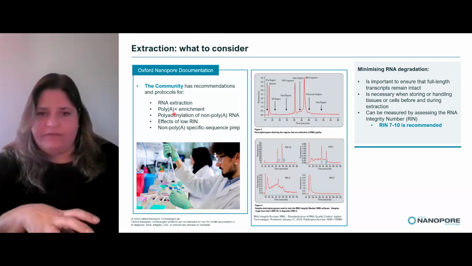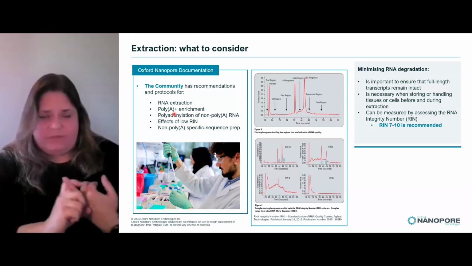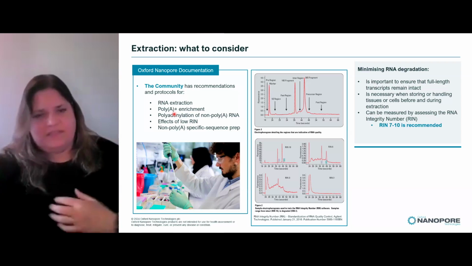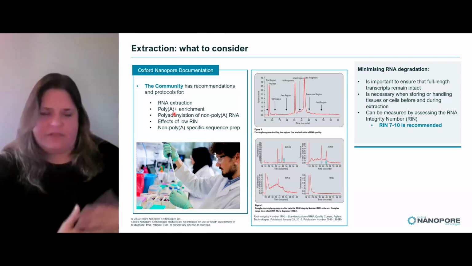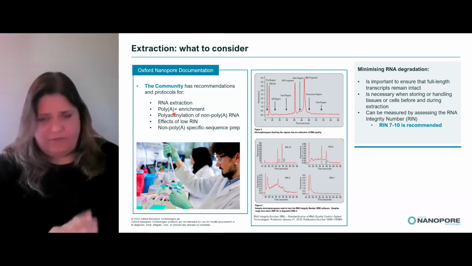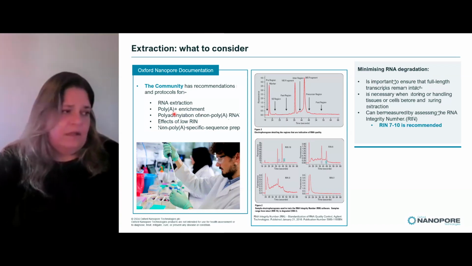Or you remove everything that is tRNAs or ribosomal RNAs. So that's ribosomal depletion. You basically yank out all the stuff that is ribosomal or tRNA, and then you look at whatever's left. We have methodologies for both of those and protocols that we know work quite well.